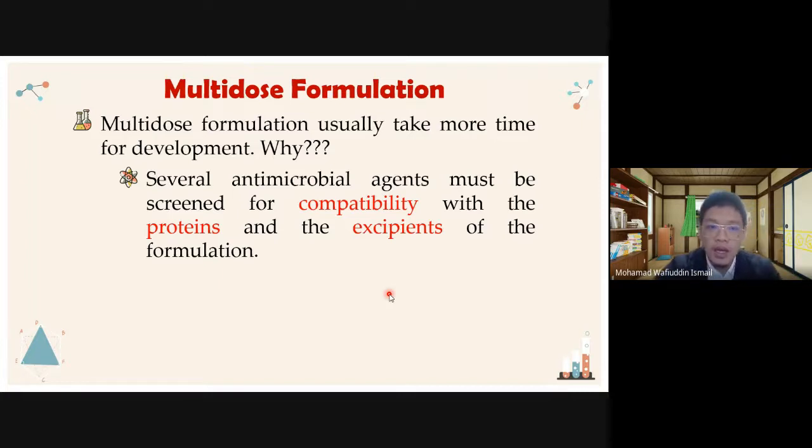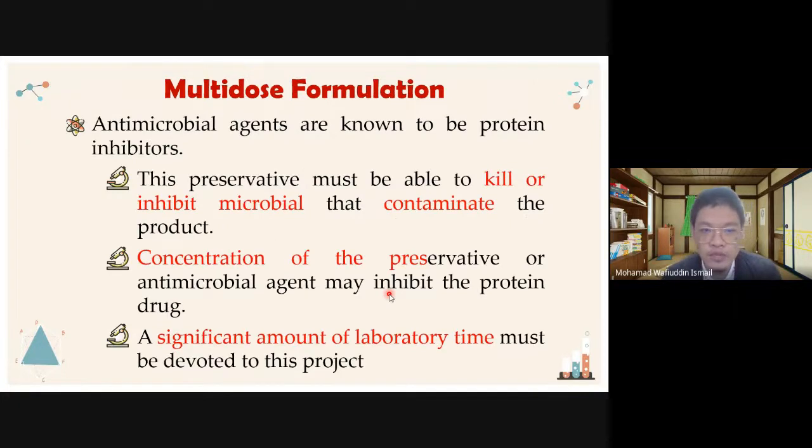First, several antimicrobial agents must be screened for compatibility with the proteins and the excipients of the formulation. So we must ensure that the excipients are suitable for protein A and protein B. It's not only selection of excipients that are suitable for protein A, but they must be suitable with both proteins. So that's why it might take longer to develop the multi-dose formulation.